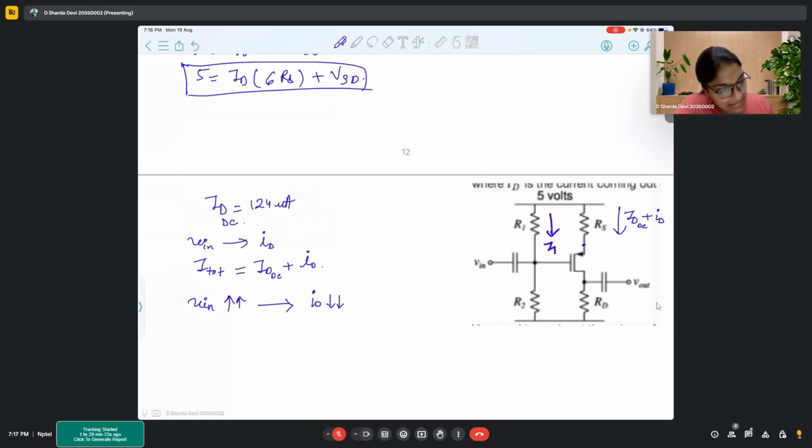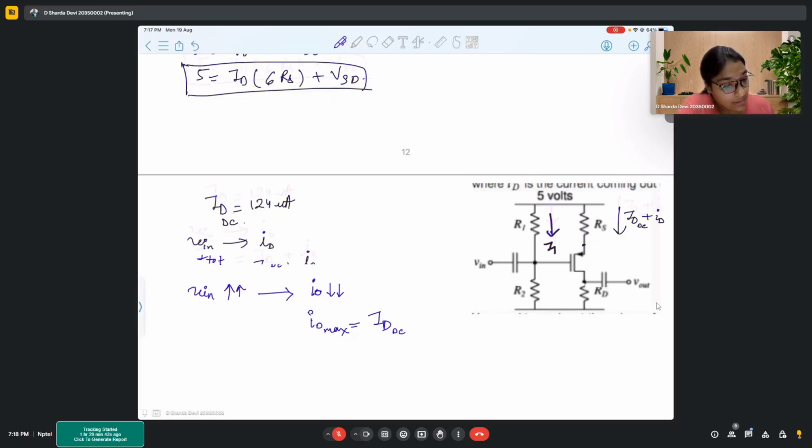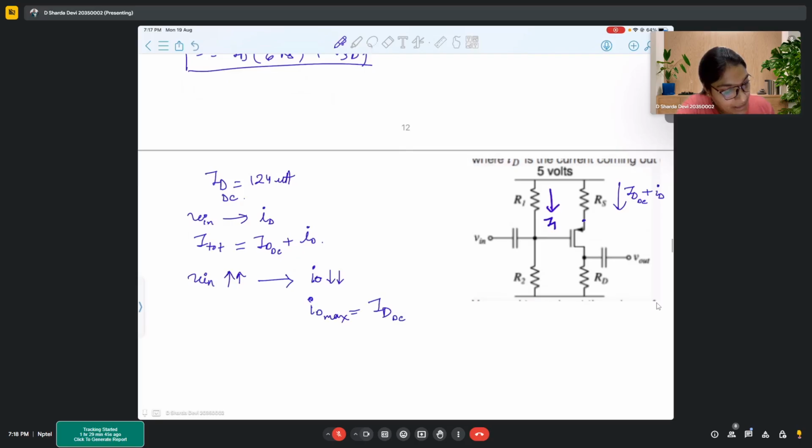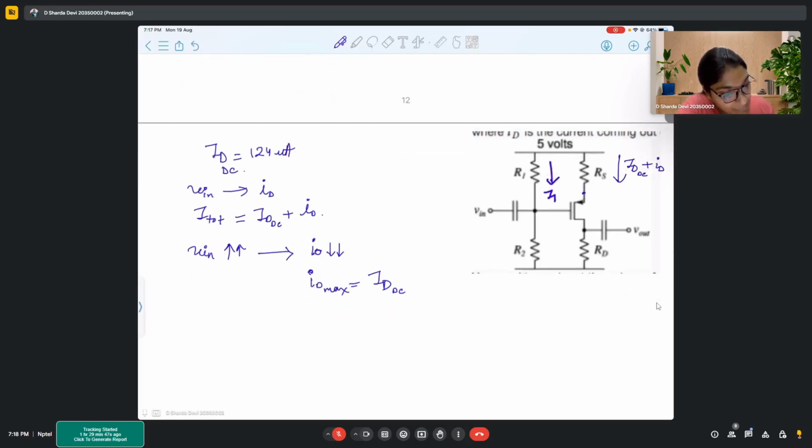Now the question is, by reducing, the small ID can maximum reach IDDC. The maximum current that it can reach is IDDC.